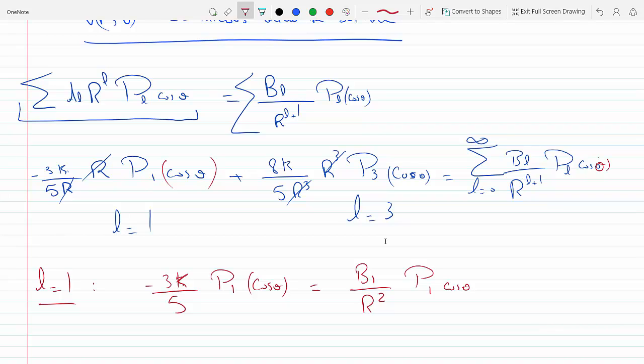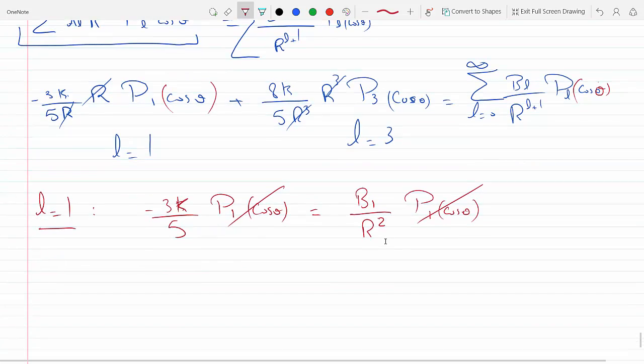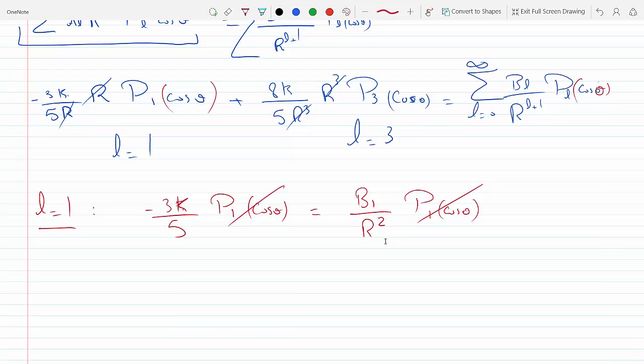These go away, and B1 equals minus 3k R squared over 5.